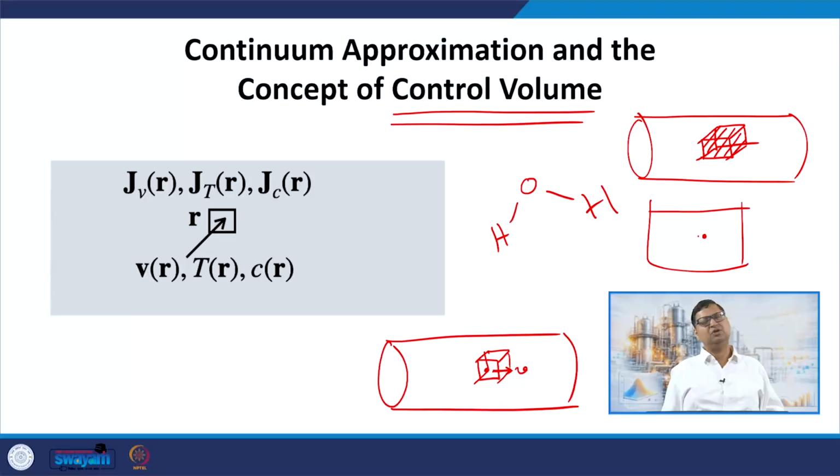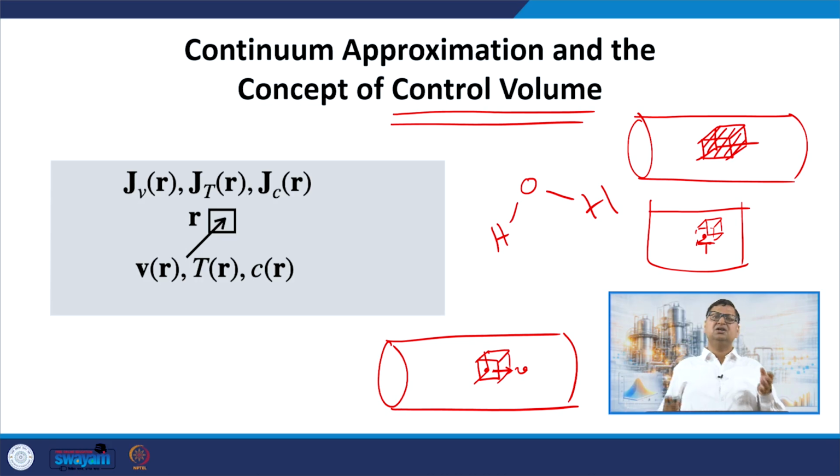If I have, let us say, some equipment, I define a temperature at a particular point, and that temperature again is some kind of a measure of the average kinetic energy in a control volume, which I can draw around this particular point, right. And the same is true for concentration, right.